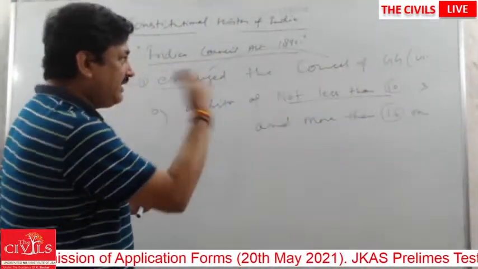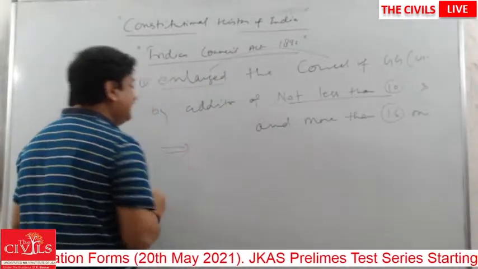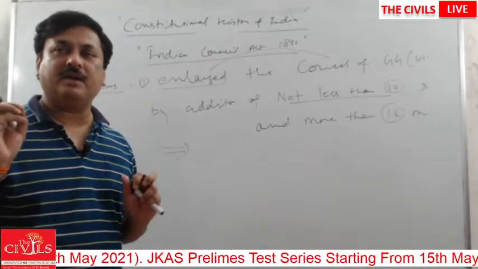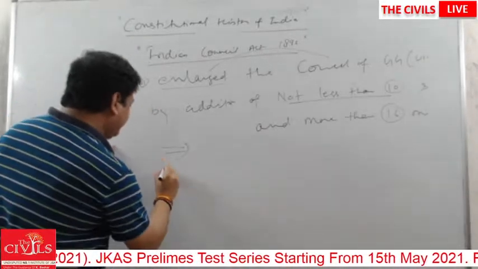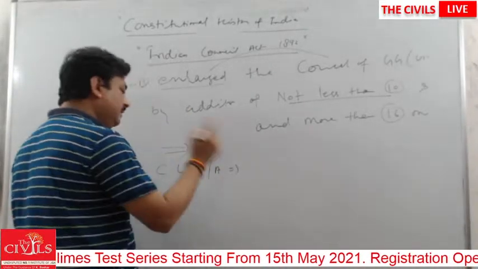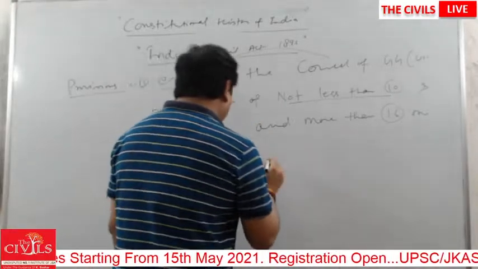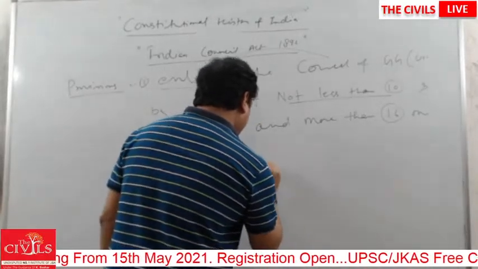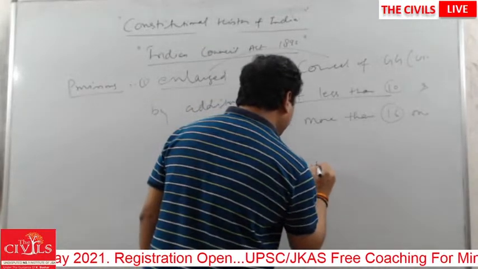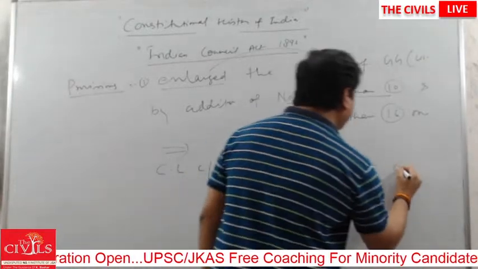The increase in the Council of the Governor General was also responsible for the increase in the Central Legislative Assembly or Council, because the Central Legislative Council was formed by the Governor General and his council plus other members.